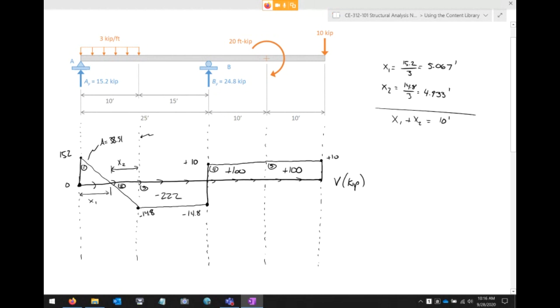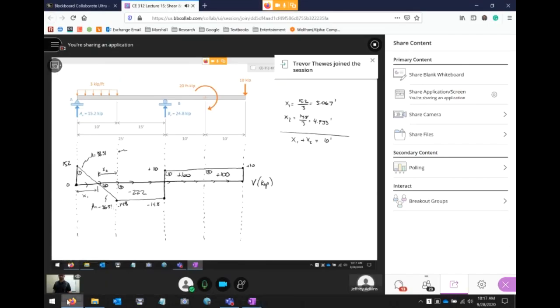I got 38.51. I don't know that really matters, but you're exactly right. What about the area here? Negative 36.5. Exactly right. All right, so this is positive 38.51, negative 36.51. Let me stop my share for a sec because I want to show y'all something.